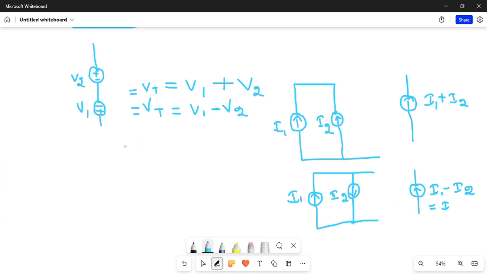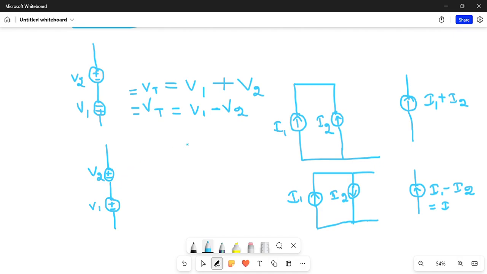Even here I'll write the diagram for same polarity. Same polarity means both voltages should have positive and negative in the same order, keep that in mind. When one has negative positive and the other has positive negative, it is a different polarity, and then you get V1 minus V2. If it is having the same polarity, positive negative and positive negative, we get the total voltage equal to V1 plus V2, right?